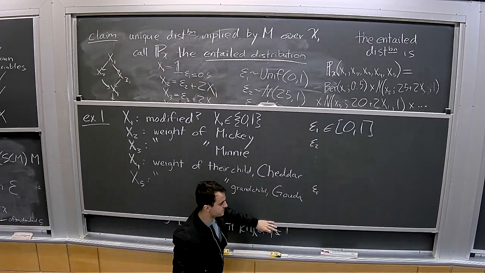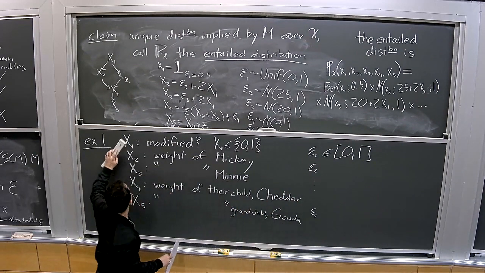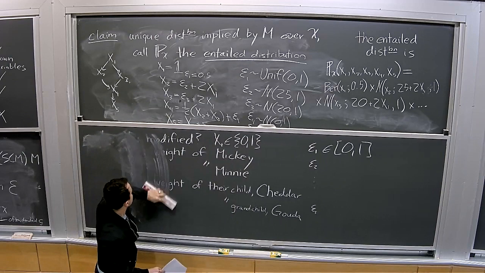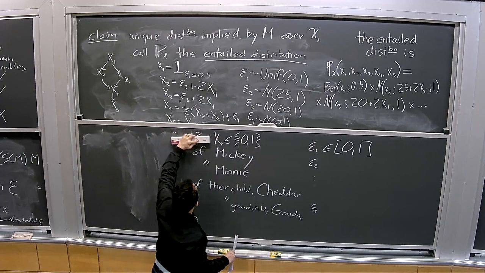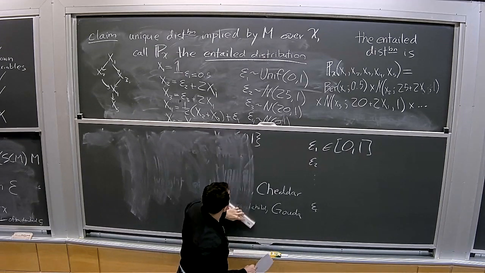The first kind of intervention that's important to know are called do interventions, and they'll even have their own notation.